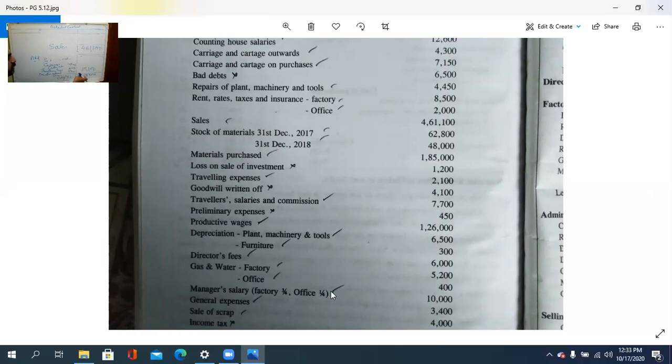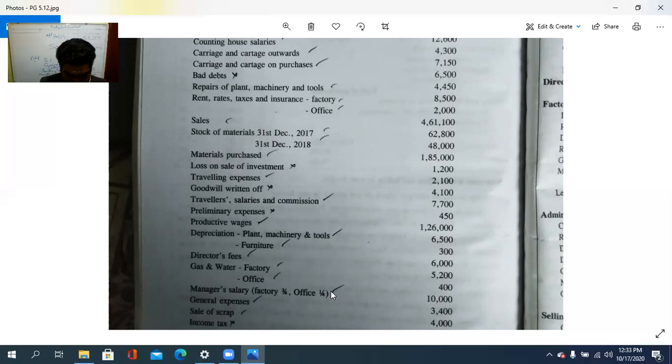So 461,100 minus 408,900. Profit, how much is it? 52,200 is the profit. So this is the detailed cost sheet.